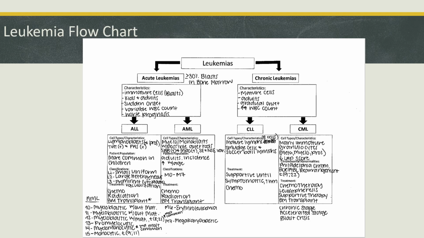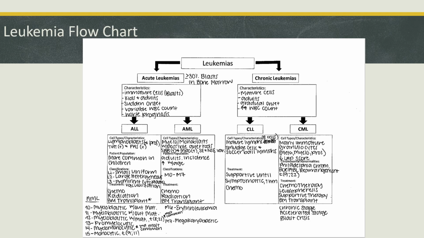We have then a further breakdown. Are we looking at a lymphocytic line of proliferation, or are we looking at a myelocytic line of proliferation? So let's start first with our acute leukemias.